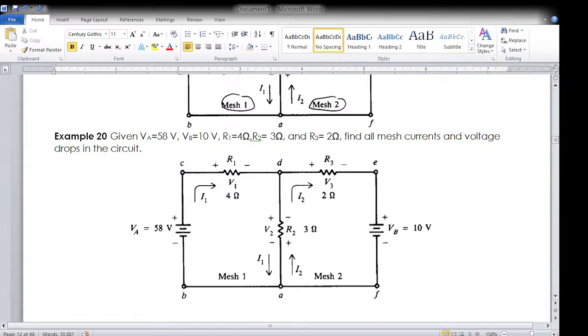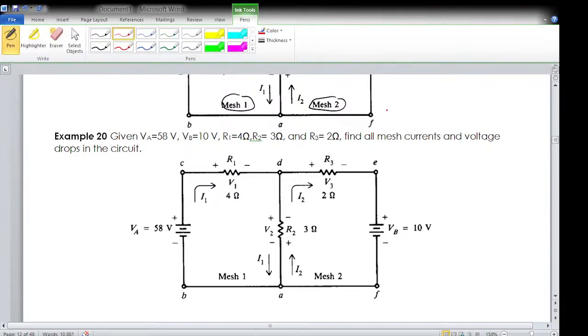How many mesh currents do we have? Two. In this case, the circuit is already decided to have two meshes, so there are also two mesh currents. So I sub 1 and I sub 2. And the voltage drops.